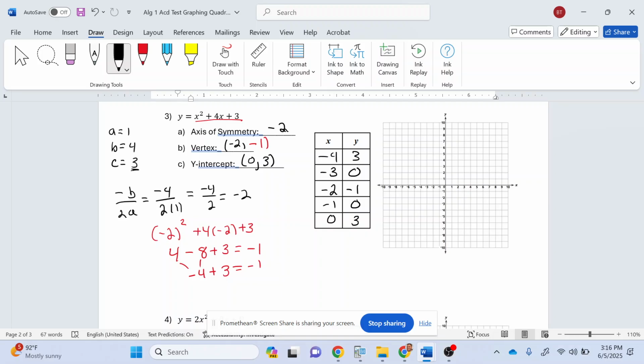Now we're going to graph -4, that's going to the left, up 3, -3, 0, -2, -1, -1, 0, 3, comma, or 0, comma 3. Make your U shape. Sometimes it will look like a V. I'm not going to be crazy about it. Make sure you show your dots, okay?